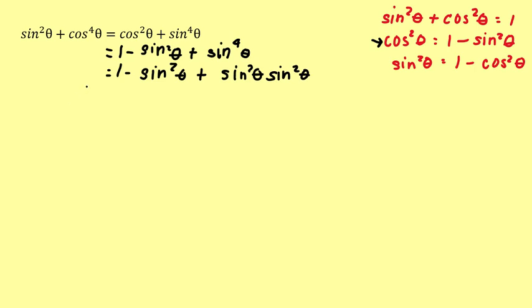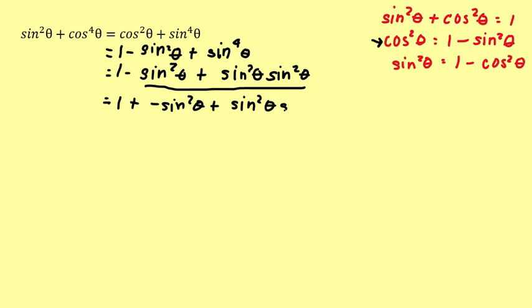Maybe we can also associate these two terms. So this is like 1 plus minus sine squared theta plus sine squared theta times sine squared theta. I'm sorry, I have to do it one step at a time and then associate this.